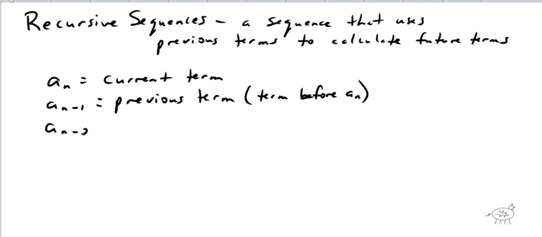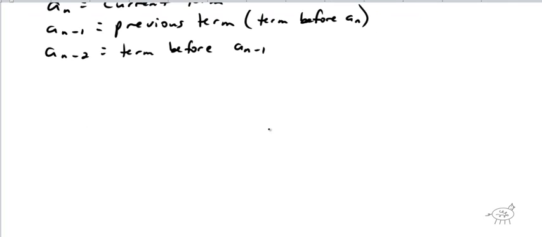And a sub n minus 2 is the term before a sub n minus 1, right? So if you do a sub n minus 3, it's one before that as well. Okay? So let's do an example right away here.